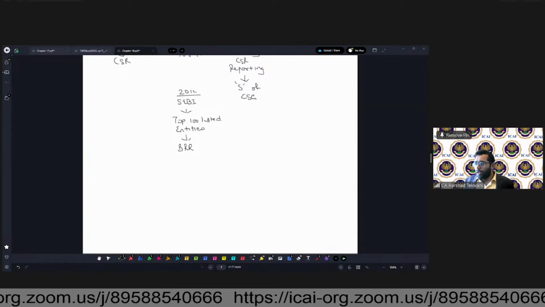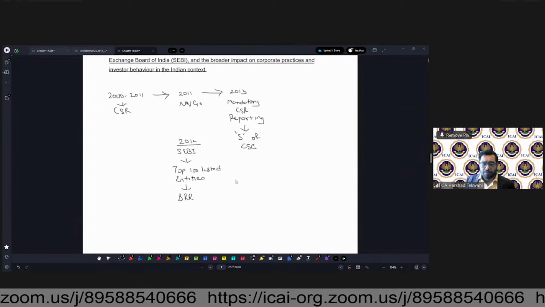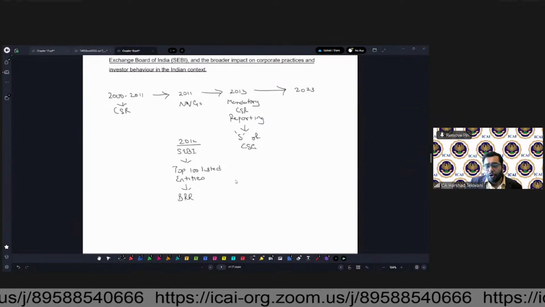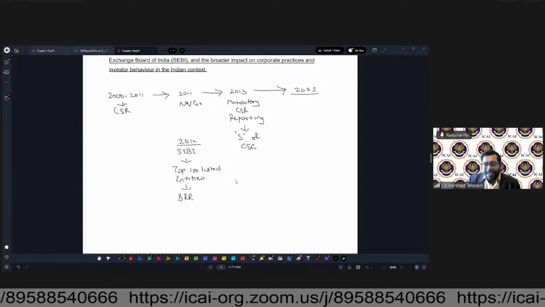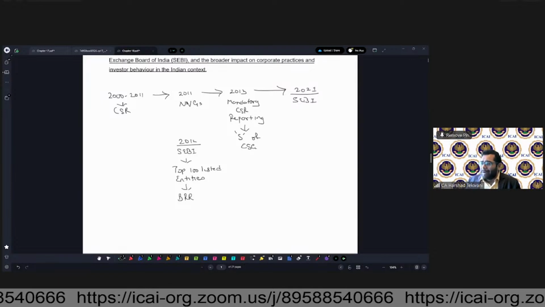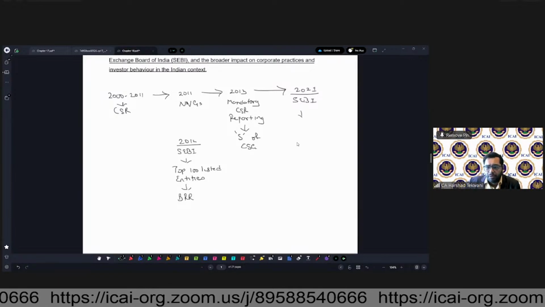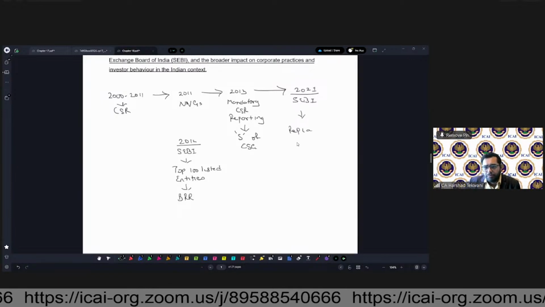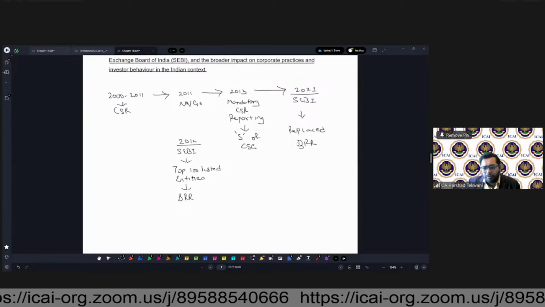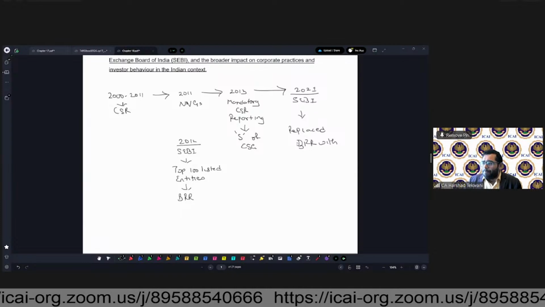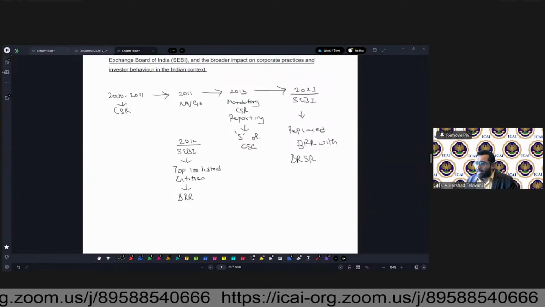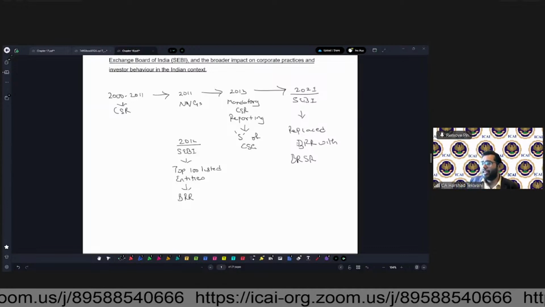Then after 2013, directly come to 2021, where SEBI replaced the BRR with BRSR reporting, that is, the Business Responsibility and Sustainability Reporting.